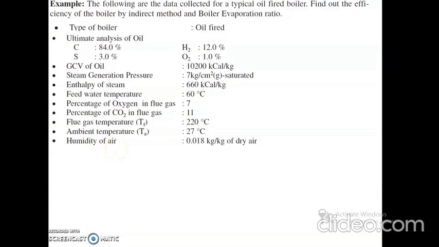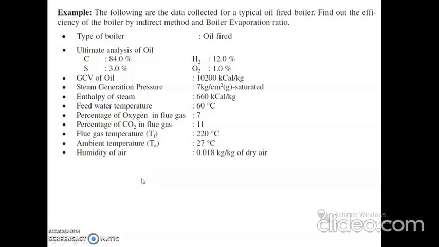Then an example is given: for an oil fired boiler the ultimate analysis is given, the gross calorific value of oil is given, steam generation is 7 kg per cm, then feed water temperature, enthalpy of steam is 660 kilocalorie per kg. Feed water temperature is given. Percentage of oxygen in the flue gas is also given.